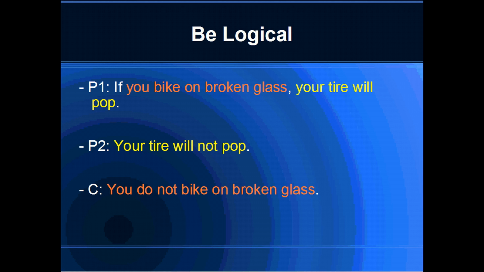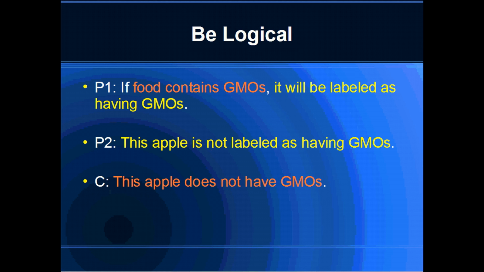So here's one conditional syllogism related to that. If food contains GMOs, it will be labeled as having GMOs. That's the first premise. Premise 2, this apple is not labeled as having GMOs. The conclusion would be this apple does not have GMOs.